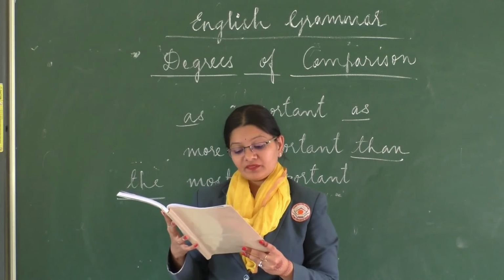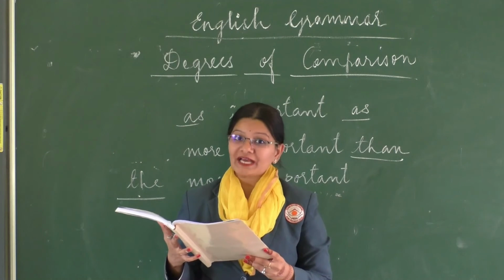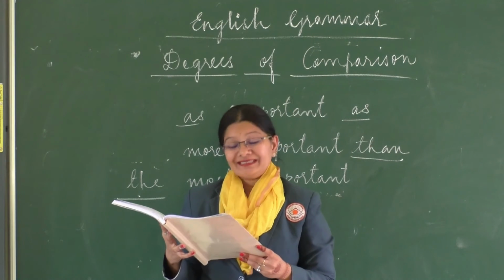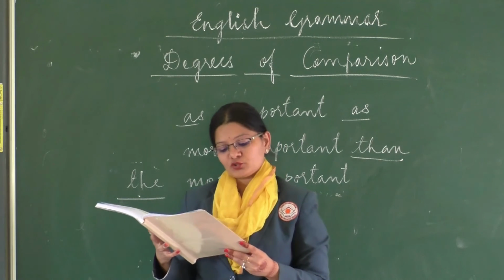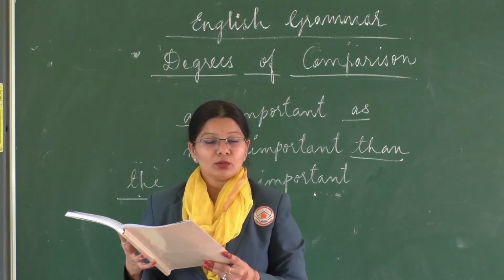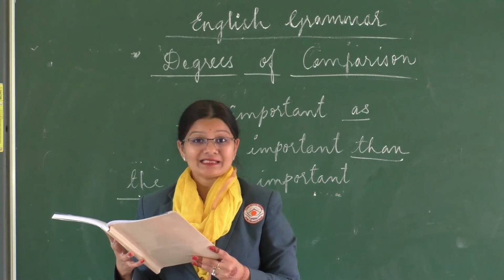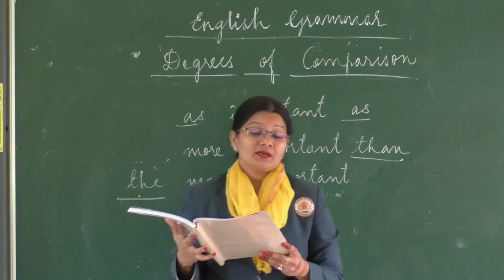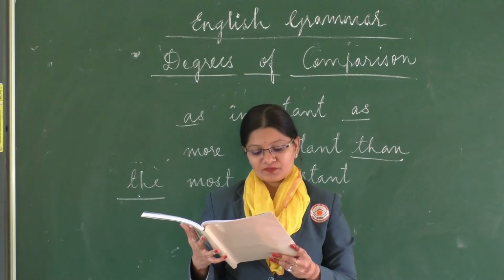So here the is used in the starting, so naturally you will use youngest, right? So the youngest of the two brothers decided to build a tall wall. Here there is no than after tall, there is no as before, there is no comparison here. So it's simply in a positive degree form.